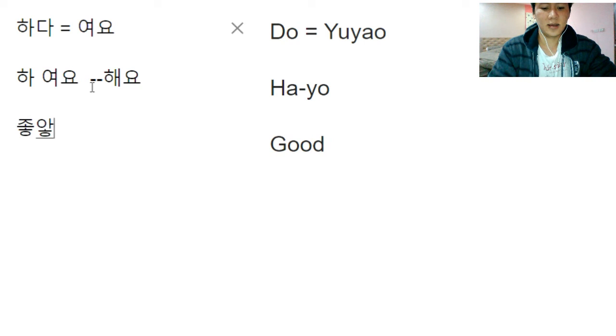좋아하다. 좋아하다, like, is an adjective. Okay, 좋아하다. Remove ta. Then it becomes 좋아해요. Okay. I like, 좋아해요. What do you like? Okay.